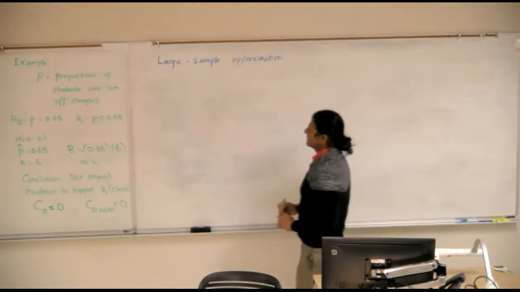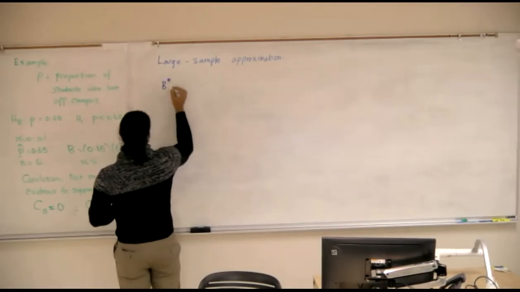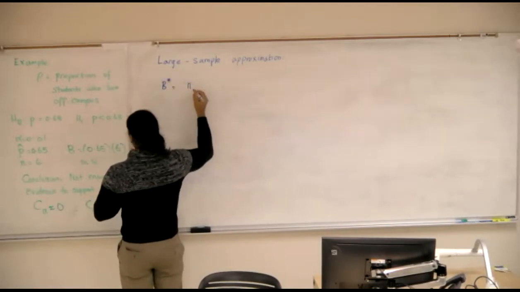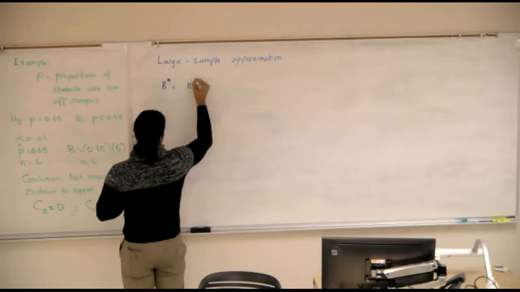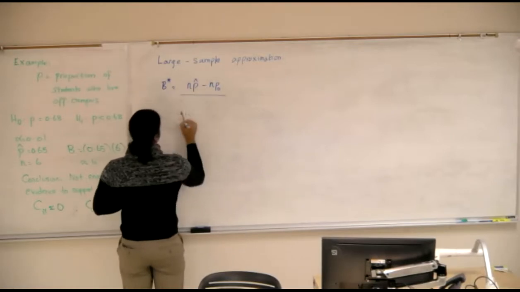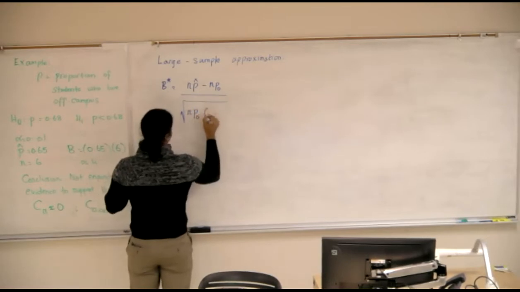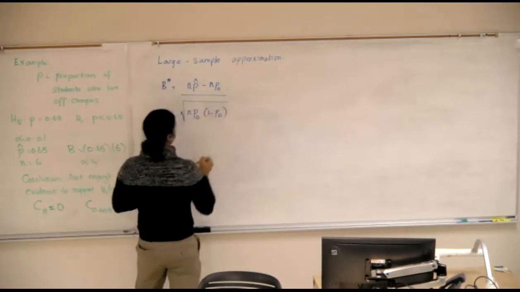We can find the test statistic B star as n p hat minus n p naught divided by square root of n times p naught times 1 minus p naught.